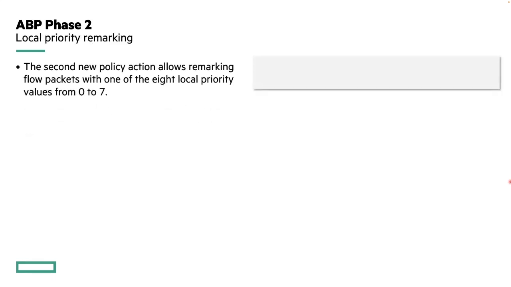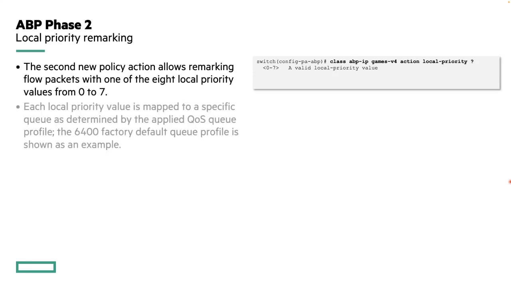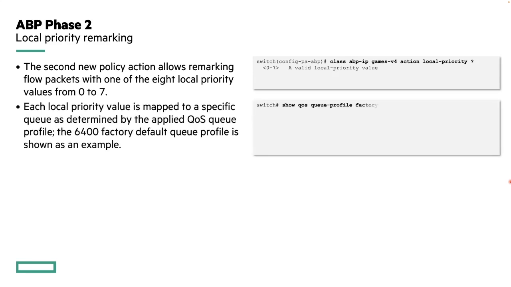The second new action is local priority remarking. This lets you remark packets with one of the 8 predefined local priority values, 0 to 7. Each one of those local priority values is mapped to a specific queue on the switch, and that will vary depending on the queue profile that the switch or stack is operating on.